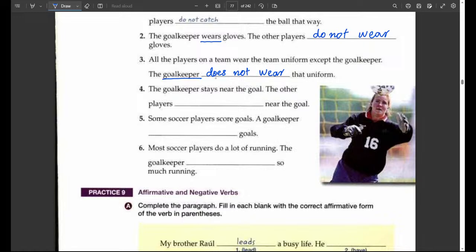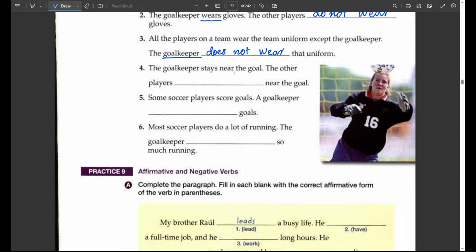The does is already doing the job. The goalkeeper stays near the goal, the other players do not. Here stays is the verb, so we make it negative. We say do not stay near the goal.